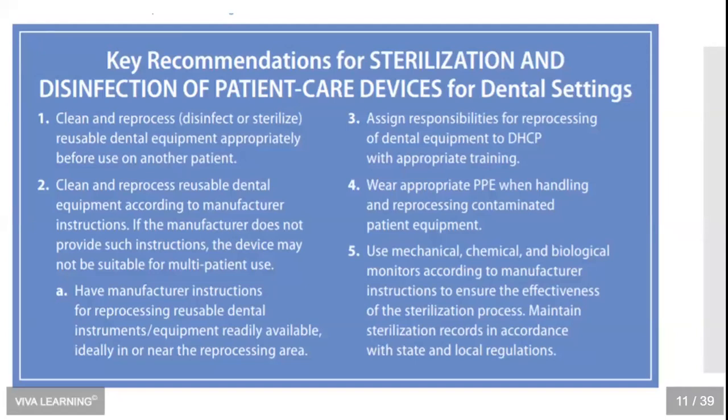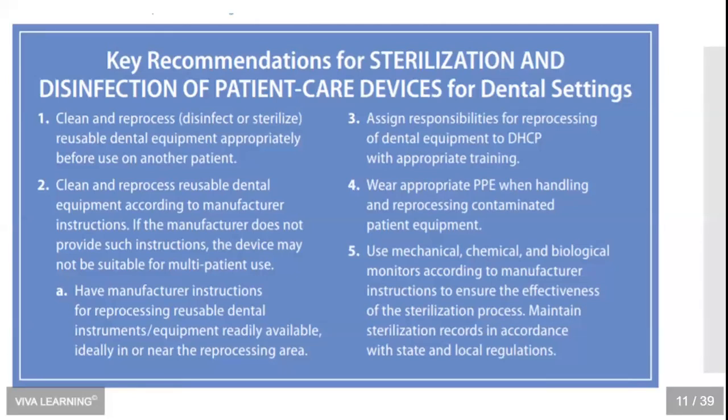Are they protected against bloodborne pathogens? Do they know how to use personal protective equipment? So make sure that anybody in that reprocessing area who's handling contaminated instruments is trained to do so. Number 4, wear appropriate personal protective equipment when handling and reprocessing contaminated patient equipment.